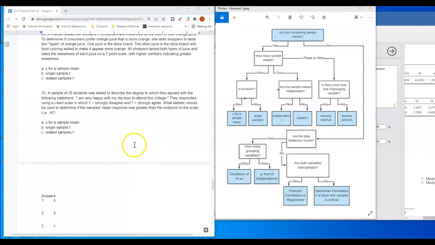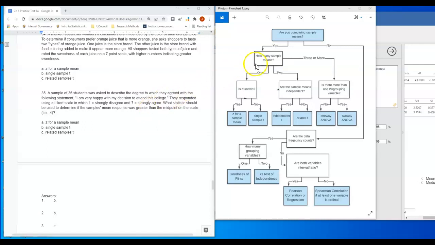35. A sample of 35 students was asked to describe the degree to which they agree with the following statement. I'm very happy with my decision to attend this college. They responded using a Likert scale in which 1 is strongly disagree and 7 equals strongly agree. And what statistic should be used to see if that number is different than 4? So do we have a sample mean?